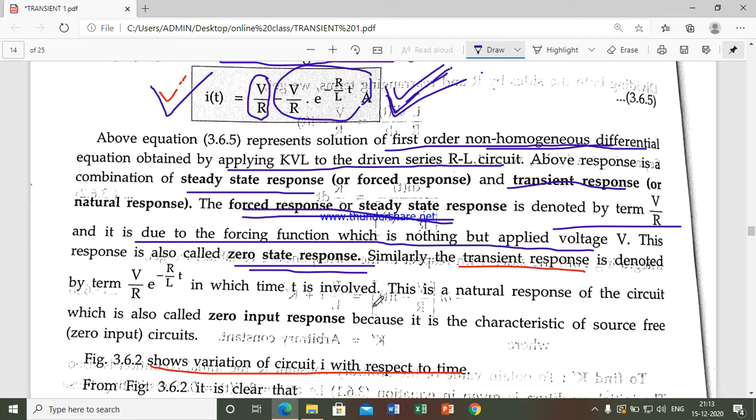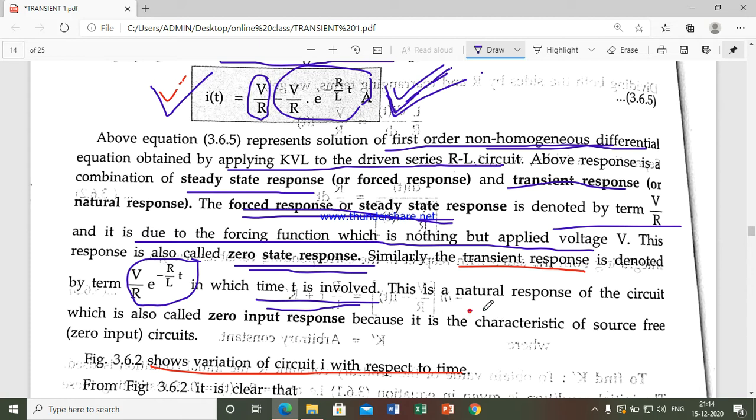Similarly, the transient response is represented by this term. The second term is the transient response, V by R into e raised to minus R by L into t, in which time t is involved. So the second term represents the transient response.